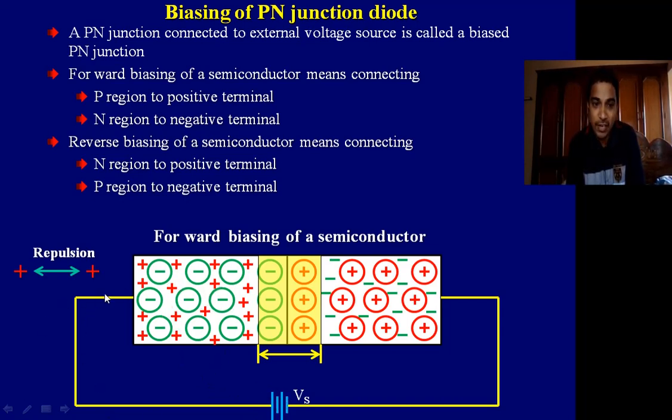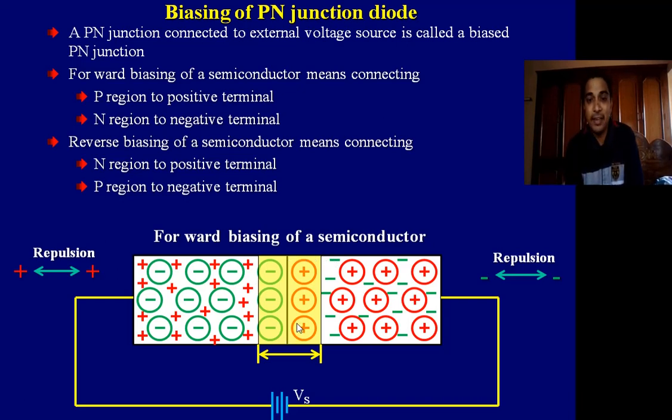On the N side, the negative source repels so many electrons. So the charge carriers, repelled by the external force, will try to cross this junction.